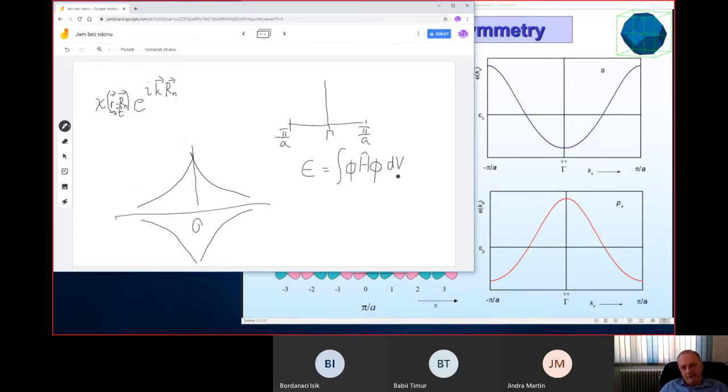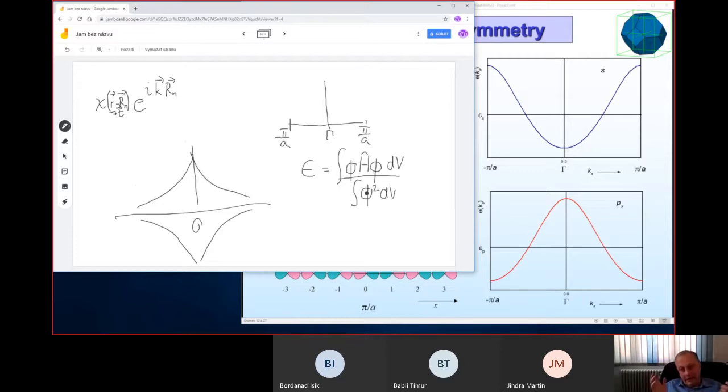In fact, we should divide it by the so-called overlap integral, which is the square of this function. But now it depends on whether these Bloch orbitals, or the atomic orbitals forming these Bloch orbitals, are orthogonal or not.